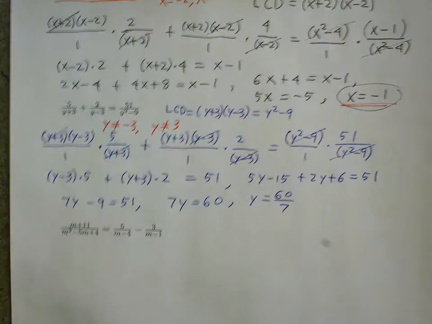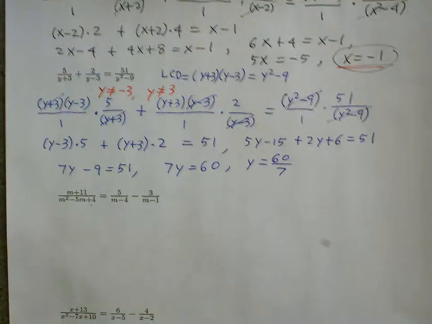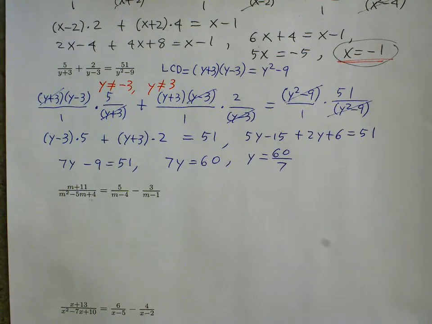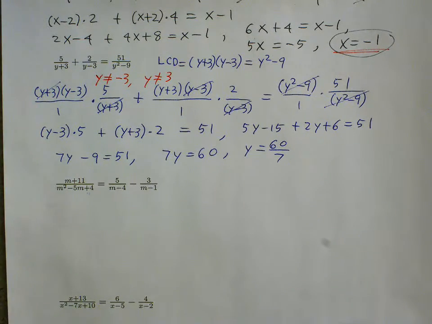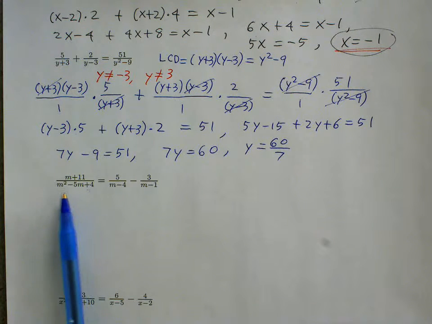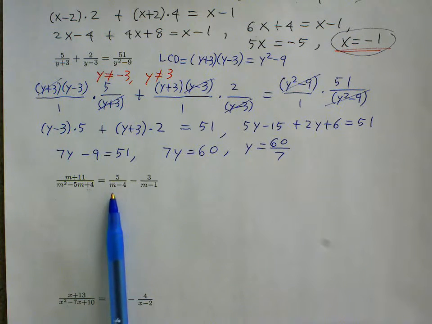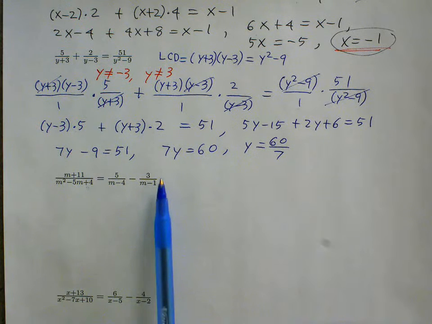Okay, the next example, similar to the previous two, but a little bit different. So m plus 11 divided by m to the second minus 5m plus 4 equals 5 over m minus 4 minus 3 over m minus 1.